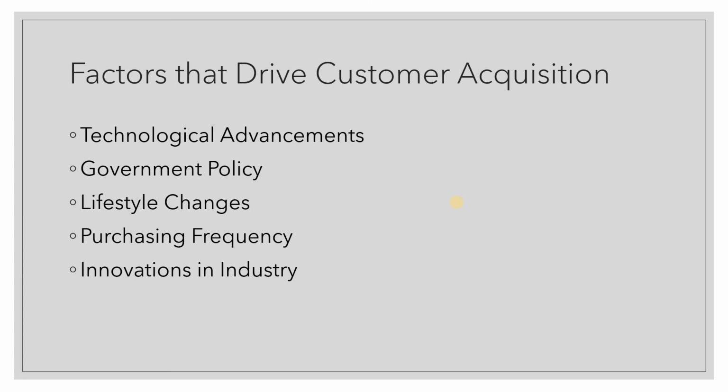So innovation in internet or telecommunication can have a resulting effect on the e-commerce sites. E-commerce portals can acquire more customers with enhanced or improved technologies in internet. So these are some of the factors which drive customer acquisition.